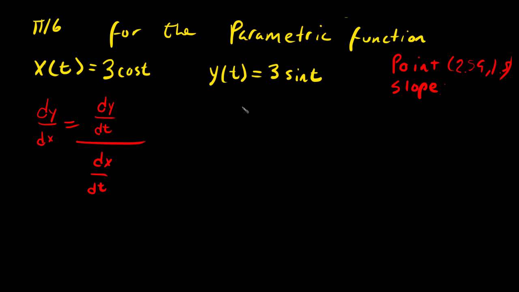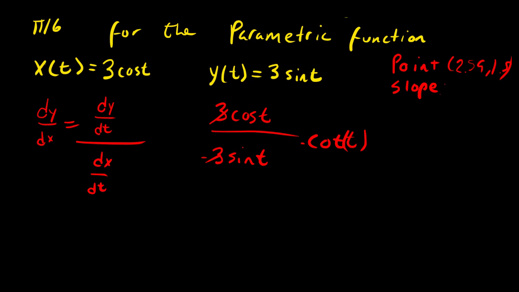So this is equal to 3 cosine t over negative 3 sine t, which these cancel out, and this is just cotangent t. Or negative cotangent t.